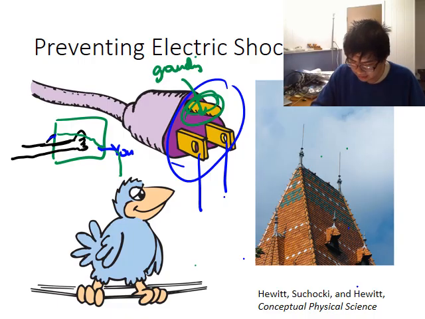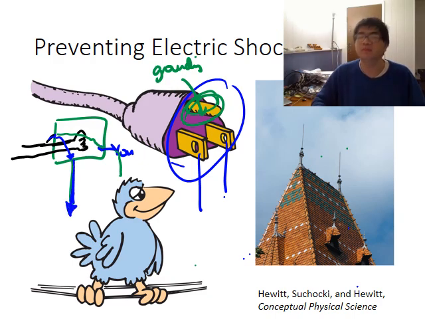The other grounding then is that this goes straight to ground. So instead of going through you, and you have a pretty high resistance overall, it goes through the ground wire and into the ground. And so in the event of a short circuit, it basically bypasses you.